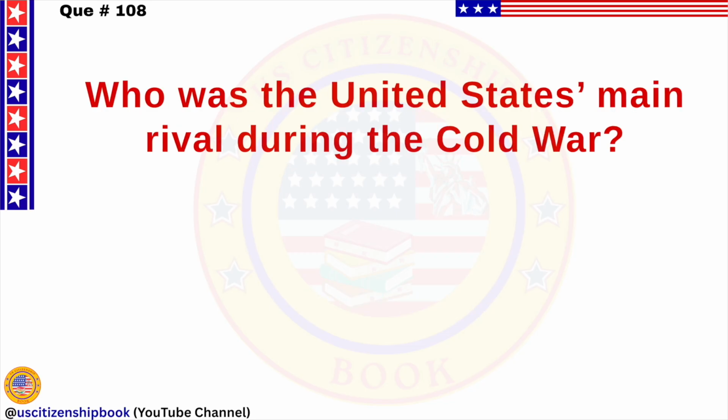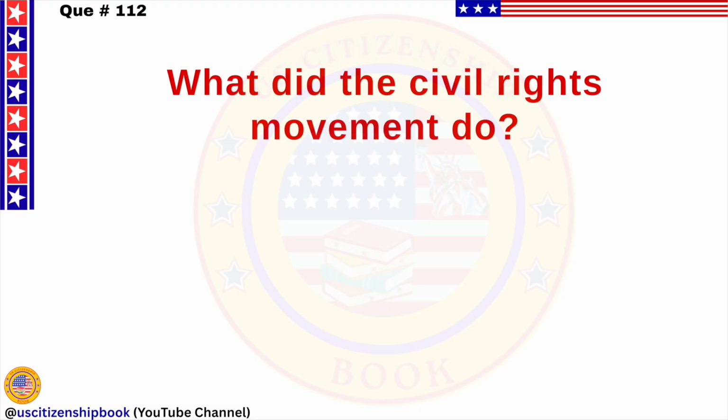Who was the United States' main rival during the Cold War? Russia. What did the civil rights movement do?